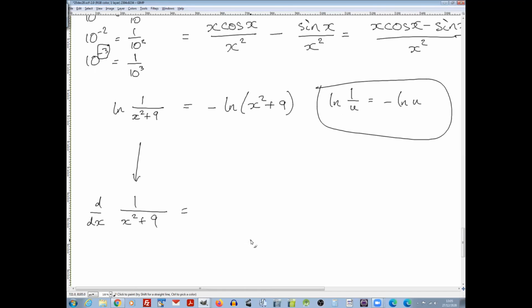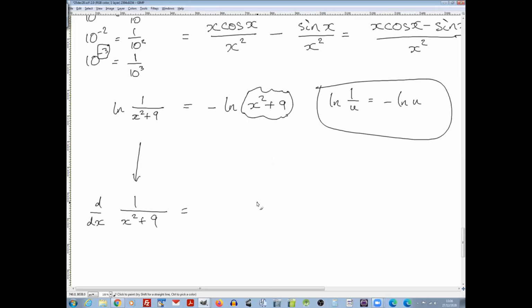When you say split it, do you mean as a product? No. Good, because it's not, is it? It's like sine of something, it's not sine times the thing, is it? No, I'm just saying make the blob x squared plus 9. Good. Absolutely.